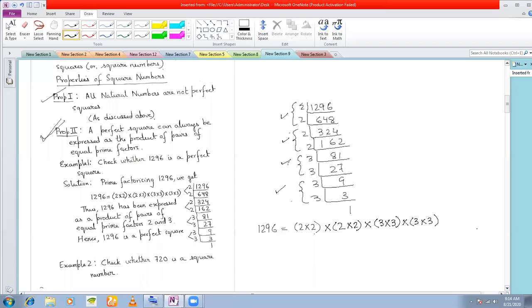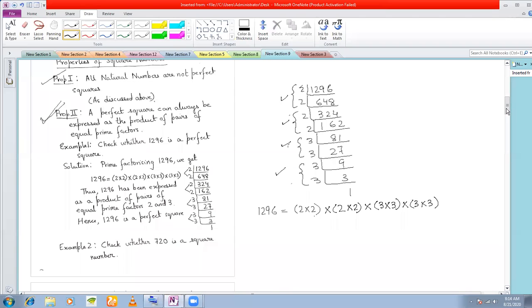You see there are 4 pairs, in which these two are equal, these two are equal, these two are equal, and these two are equal. And 1296 is nothing but a product of pairs of equal primes. See, all these are multiplication signs. So if any number can be expressed as a product of pairs of equal primes, then it is a perfect square.